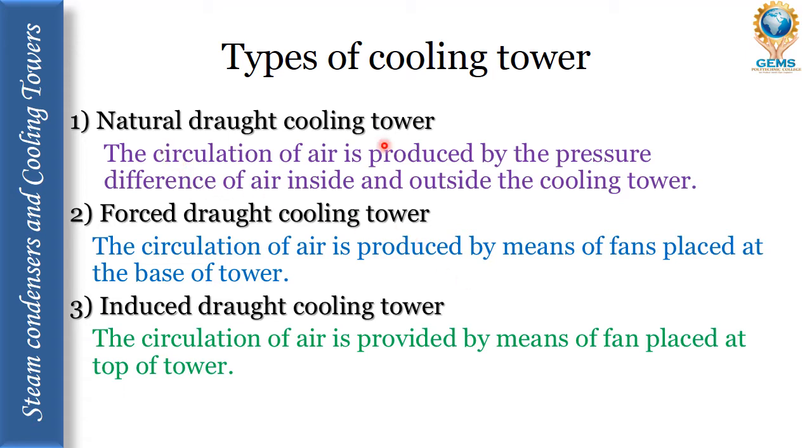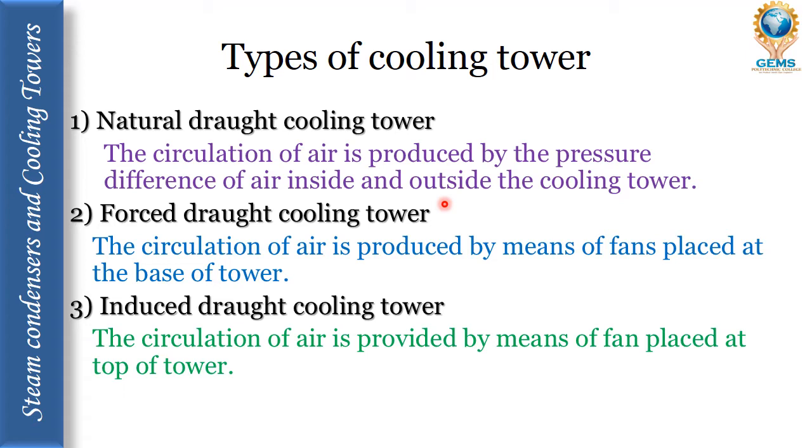In the natural draft cooling tower, the circulation of air is produced by the pressure difference of air inside and outside the cooling tower. In the forced draft cooling tower, the circulation of air is produced by means of fans placed at the base of the tower.